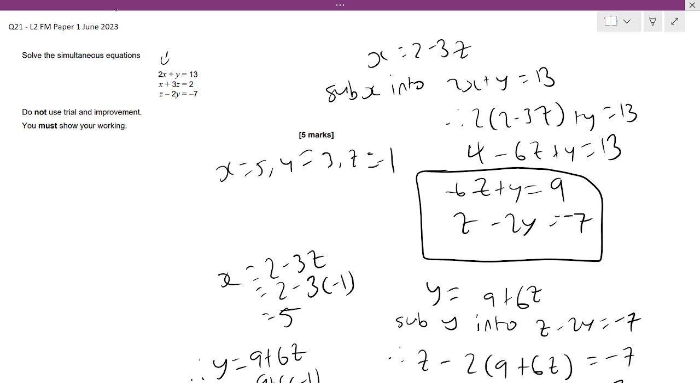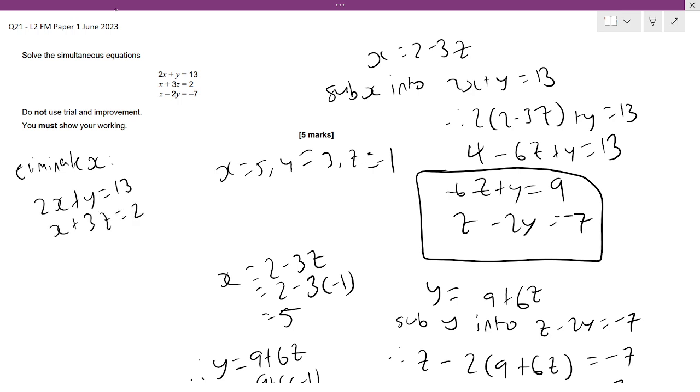X is the first one. Okay. So if we're going to eliminate x, well, how are we going to do that? We have two equations with x in. So we have 2x add y is 13 and x add 3z is 2.